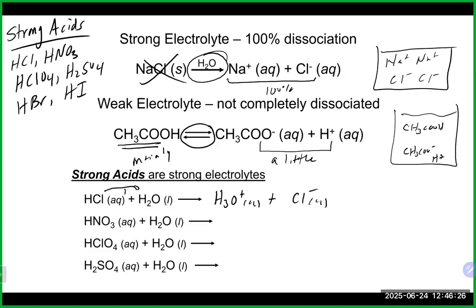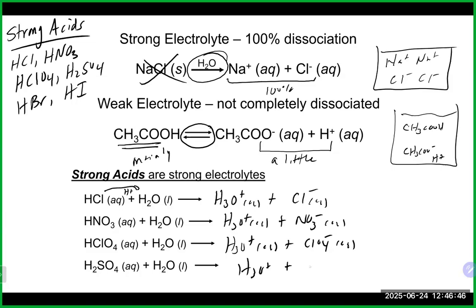Again, with our H plus coming this way, H3O plus and NO3 minus, H3O plus and ClO4 minus, and H3O plus and HSO4 minus, basically in this case. So these are all, again, strong acids. They should all completely dissociate in solution.